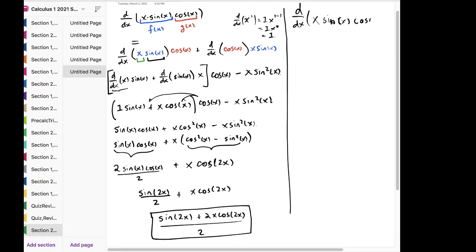What I'll do was, what if you chose this to be f of x and this to be g of x? So you should get the same thing, right? Because it shouldn't matter. So this might be easier because the derivative of that is very easy.